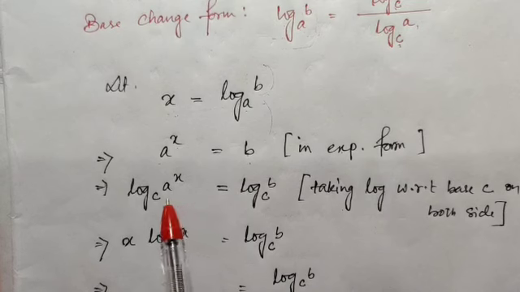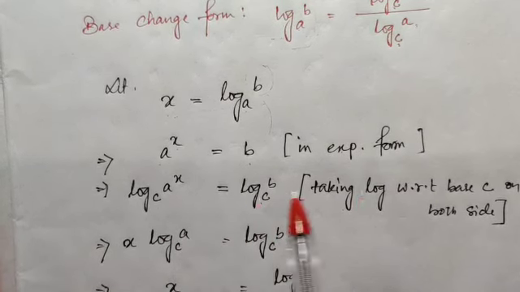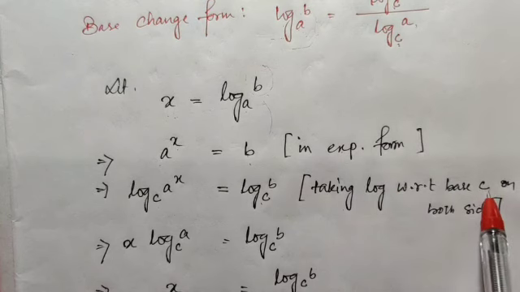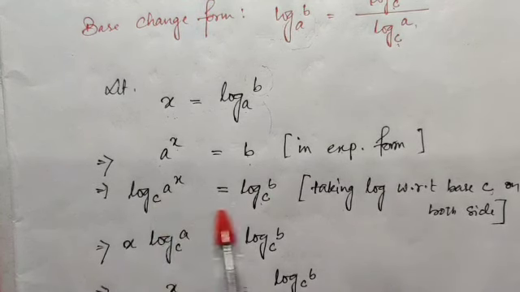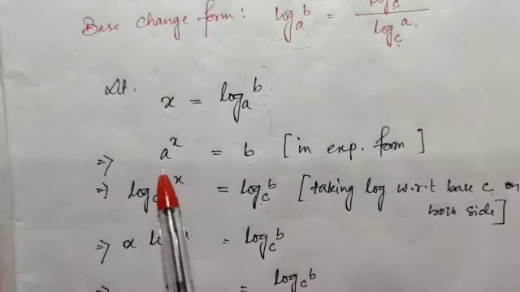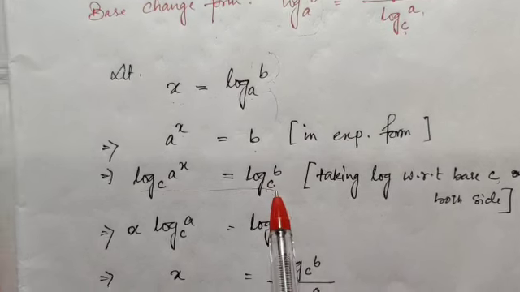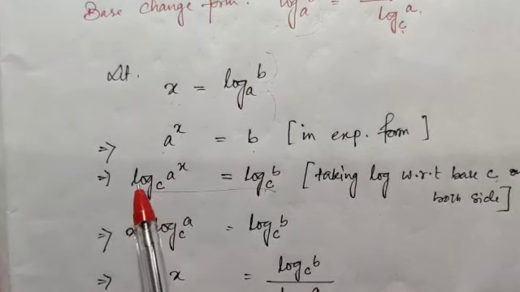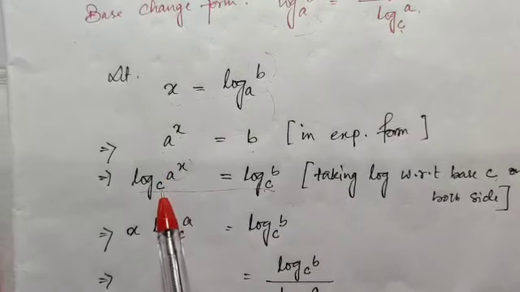Now what you do is introduce a new base on both sides, c. So we take log with respect to base c on both sides, and you get this equation. Now log a to the power x, this is the argument and our new base is c.